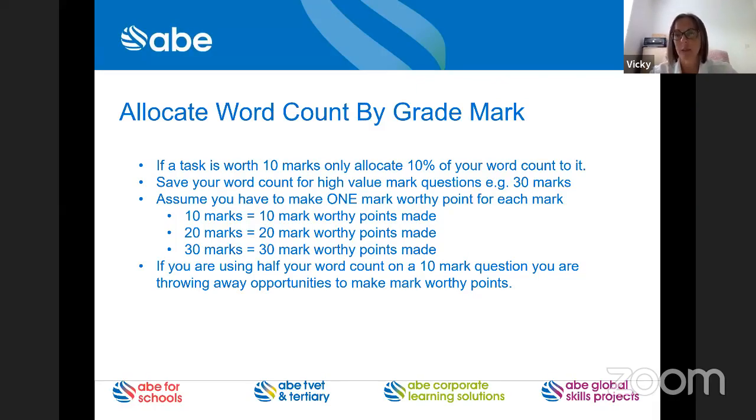And generally speaking, on 10 or 12 font, they have a good idea of how many pages that is. So don't feel that because it's a PDF that you can just keep writing and writing and the markers will mark it. They'll stop marking. And that could be the difference between a pass and a refer. So take real good note of your word count and the marks that are allocated for each question.